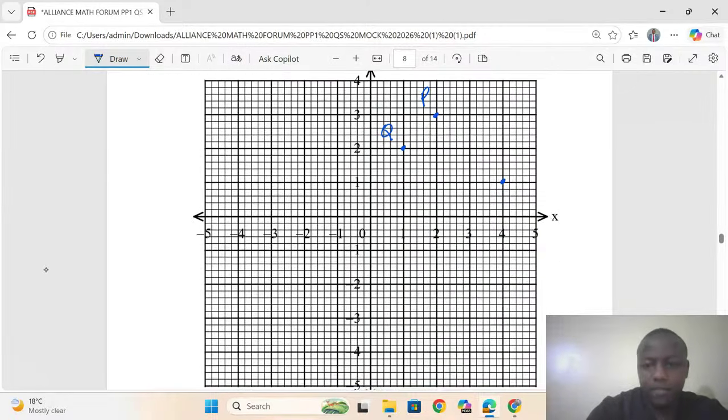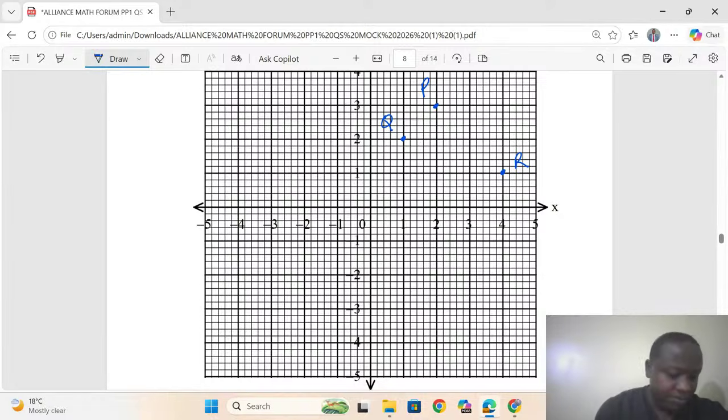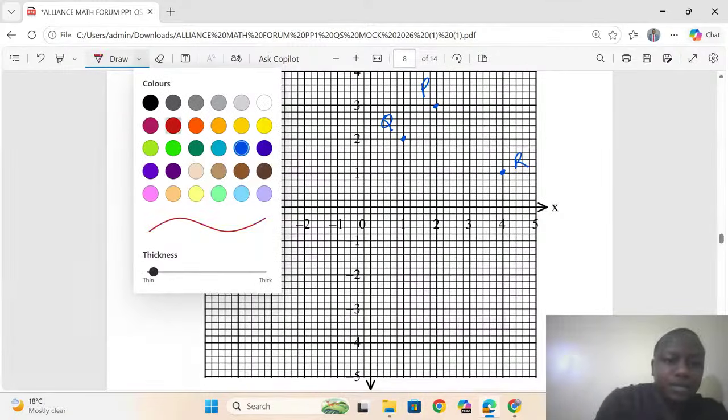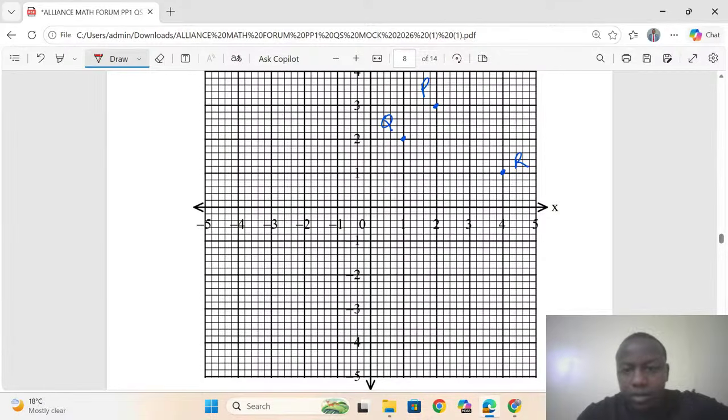So that's going to be R. So we can now join PQR. PQ, then to R, then back to P. So we have the first triangle.